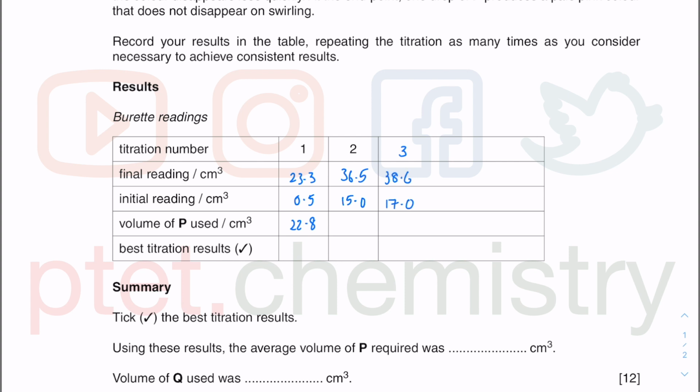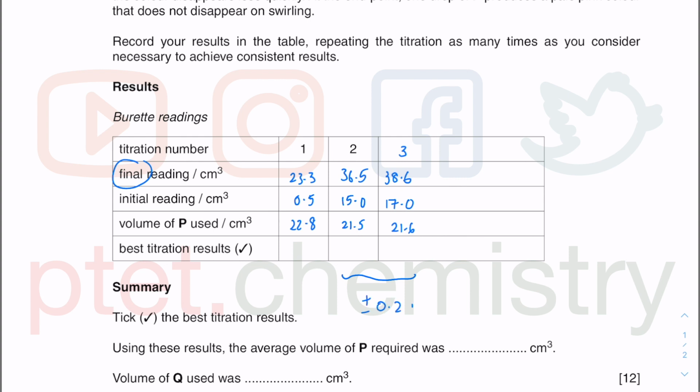In fact, I want there to be no difference whatsoever. This is the final reading. So final minus initial, I get 21.5 cm cube for my first exact titer, and 21.6 for my second exact titer. Ideally you want these exact titers to be equal, but we are only humans. We are within experimental error based on this one decimal place burette reading.